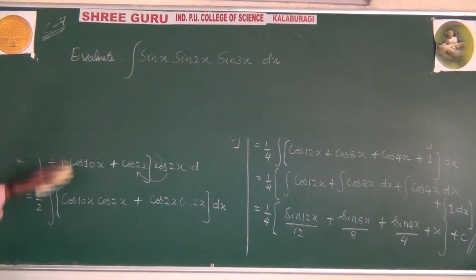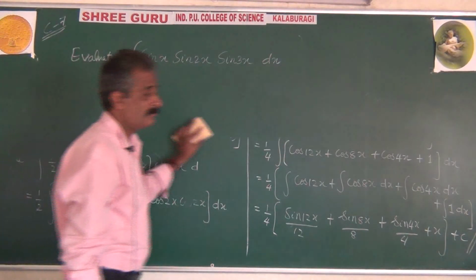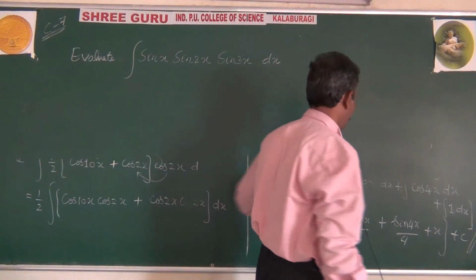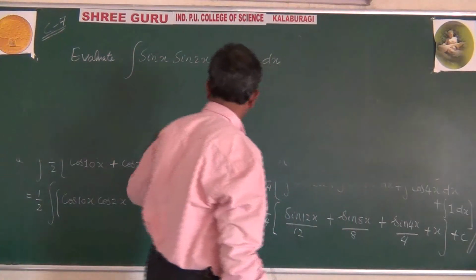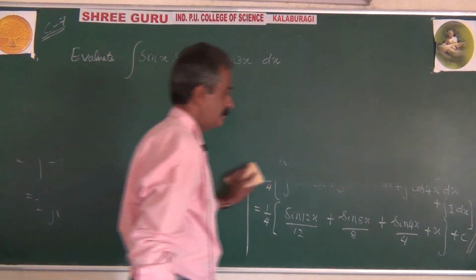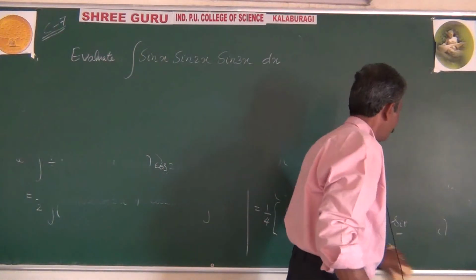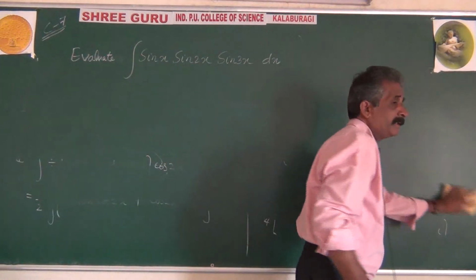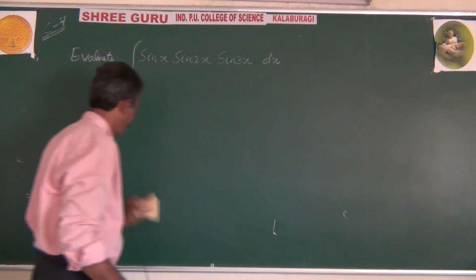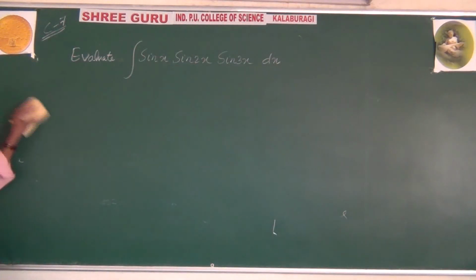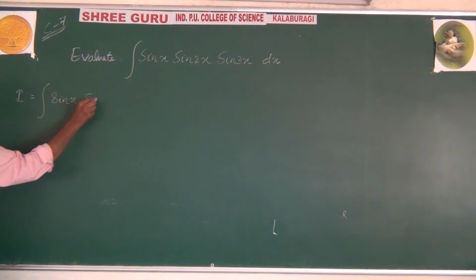Here again we need to apply a transformation formula, namely sin A sin B. First step, begin from I. I equals integration of sin x sin 2x sin 3x.